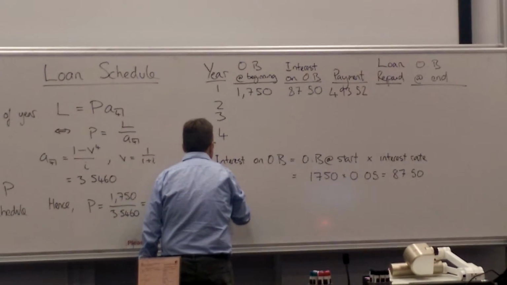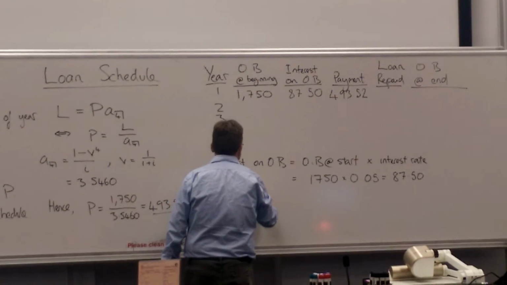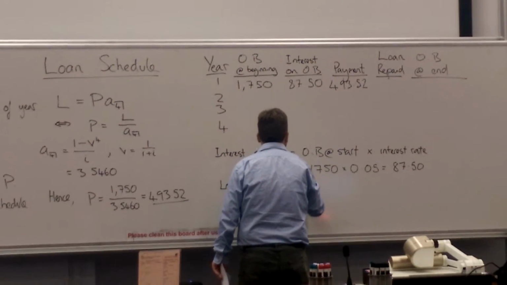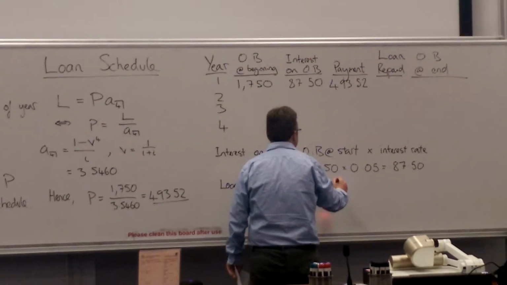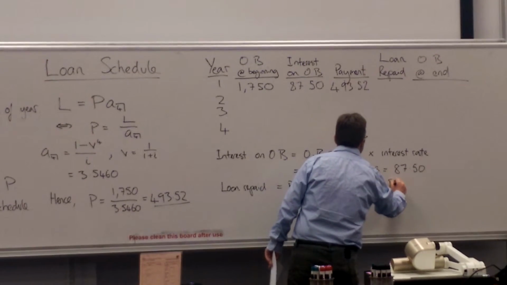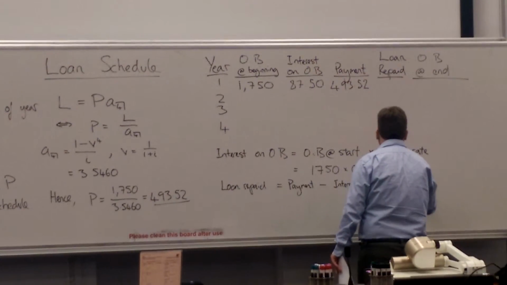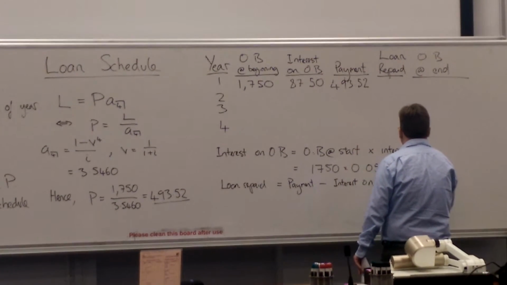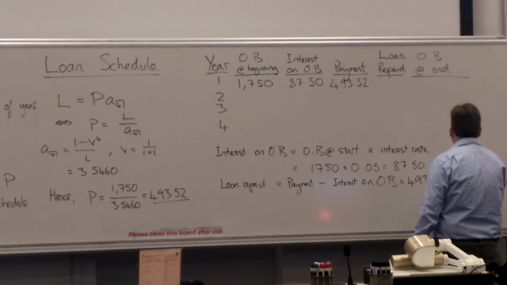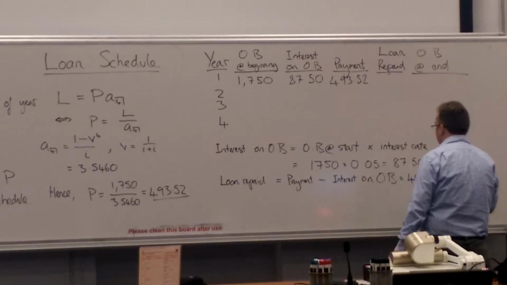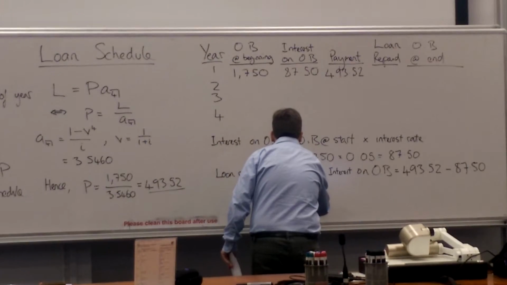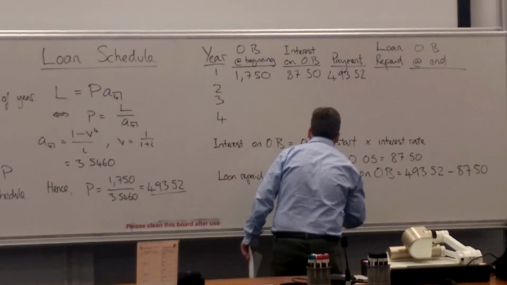So our loan repaid is equal to our payment minus the interest on the outstanding balance, and that is equal to 493.52 minus 87.5, which is equal to £406.02.